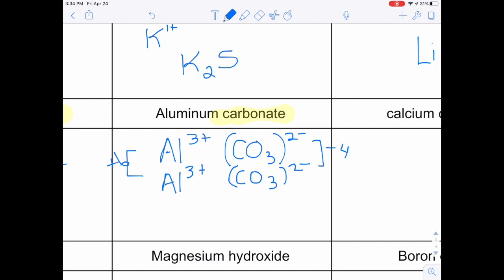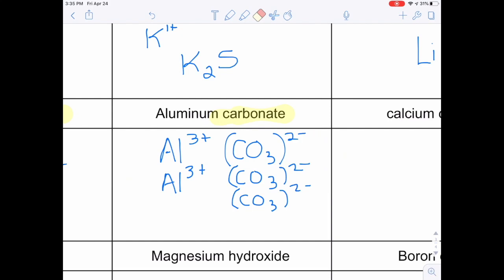So now since I need more negative again, I'm going to add another one of those. So you see how sometimes it really does turn into a list. And now +6 on this side, 2, 4, 6, -2, 4, 6, -6 on this side. Now they add up to 0.